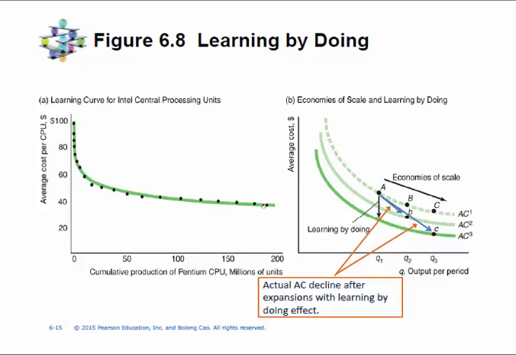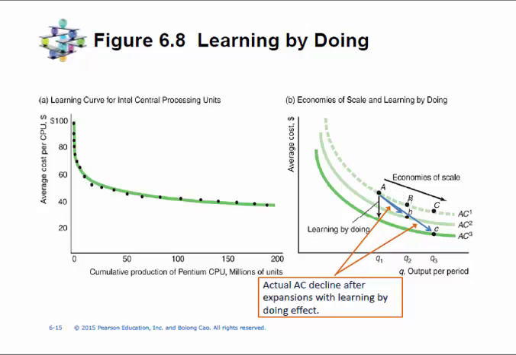But at the same time, this curve does not capture the idea of learning. There is no learning by doing here. But if you have learning by doing in the process, that means as you produce more, the workers, the managers, the technicians become more knowledgeable, more skillful with the production process. They can drive down the long-run average cost even further.